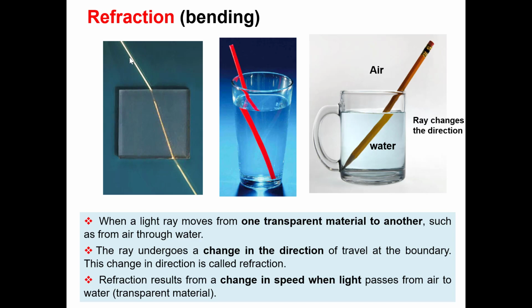In the first picture, the light moves from the air to glass. That happens because the light undergoes a change in direction, and the change of direction occurs because there is a change in the speed of the light in the two different mediums, like for example air and water.